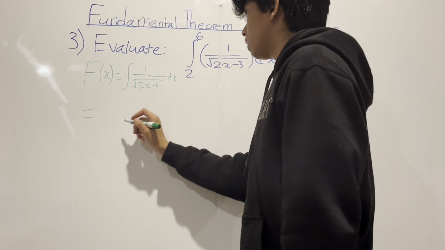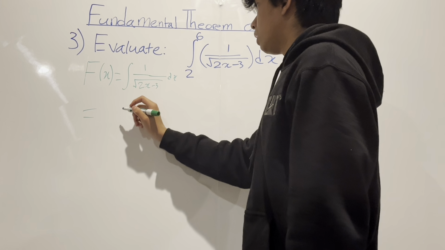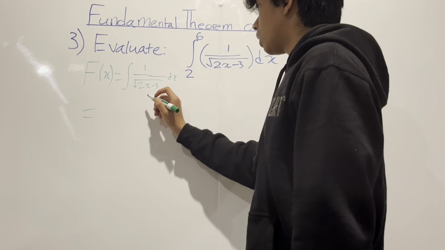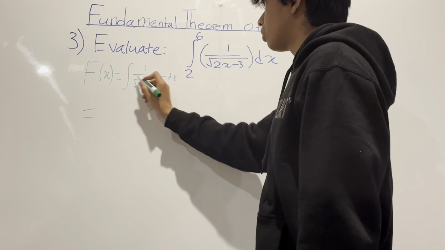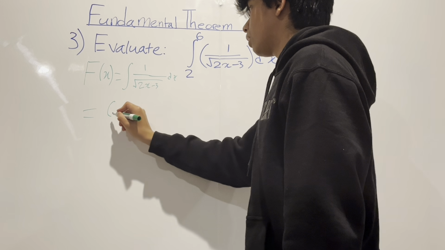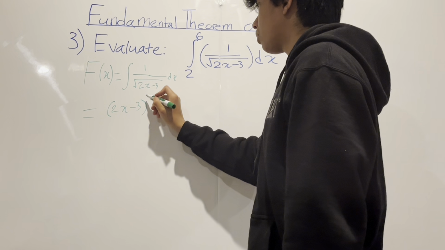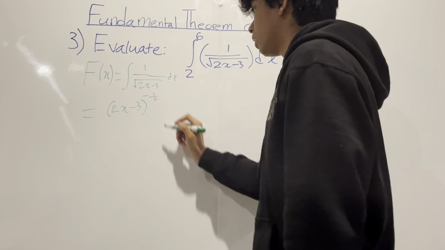First let's manipulate the function a little bit. Since it's 1 over, and we know square root is the same as to the power of 1/2, we can write this as (2x − 3) to the power negative 1/2.